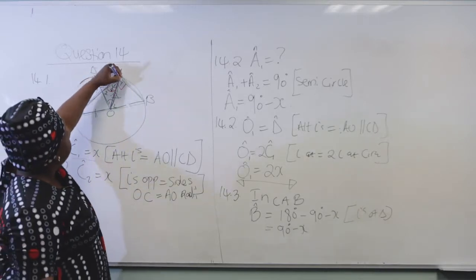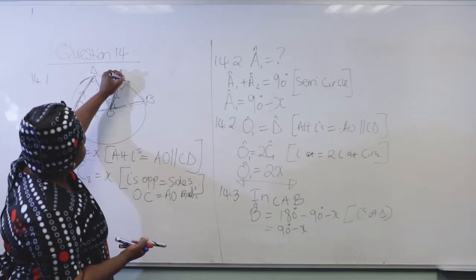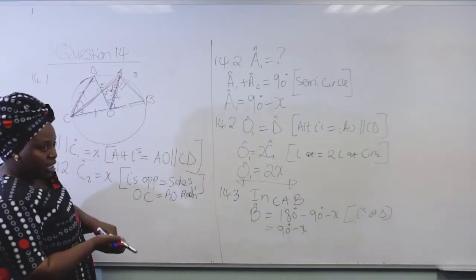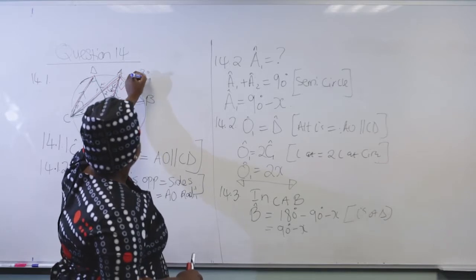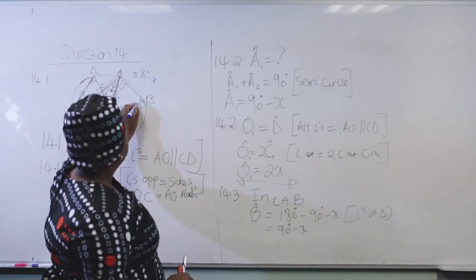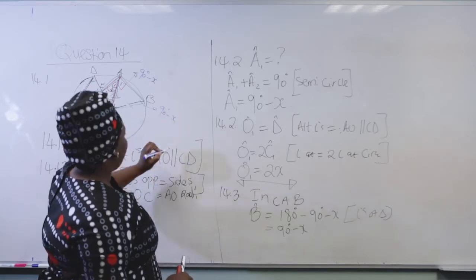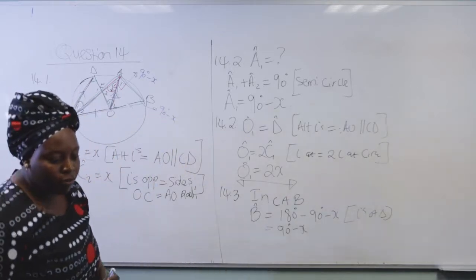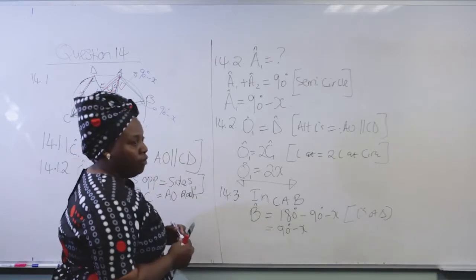Remember we said that angle A1 is 90 minus X. And also angle B is 90 minus X. Now what are we looking for? We are looking for angle O2 according to the statement. So this is what we are looking for.